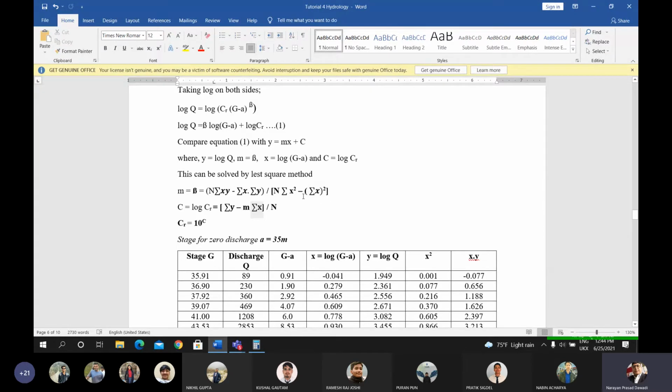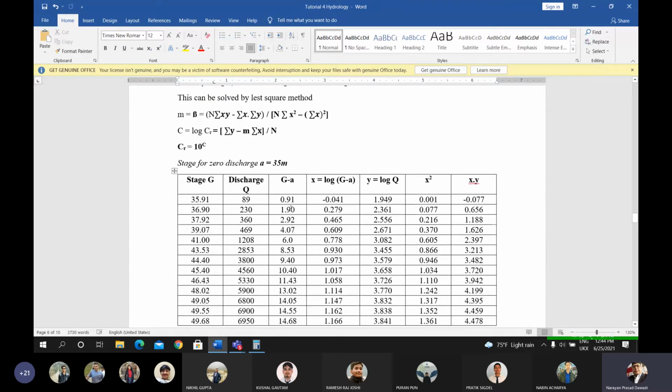For x square, the x value is 0.041, so 0.041 squared gives 0.00096, which reduces to 0.001 up to three decimals.